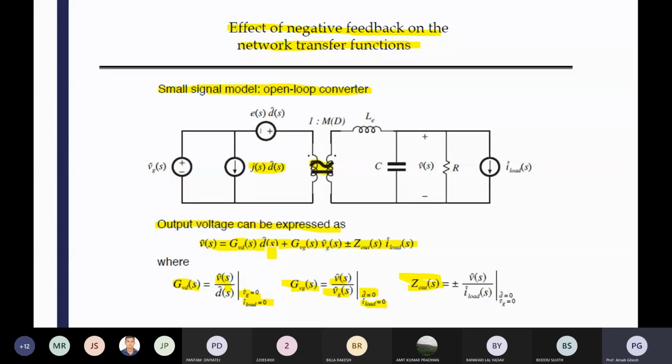If both are 0, you will get the output current to output voltage transfer function.